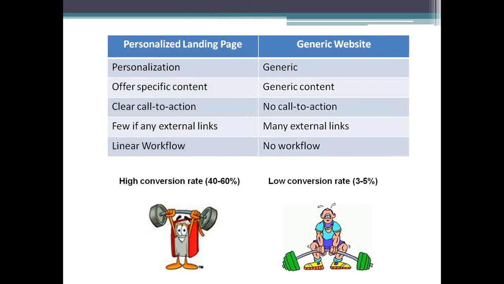The personalized landing page, in other words, is where somebody can interact with the page, where they can sign up for a newsletter, sign up for more information, sign up for a coupon, or where it gives them the link to call for more information or an email that they can send. This has a higher conversion rate of 40 to 60% than just somebody posting a website, and what you're basically doing is forcing the consumer to find a place where they can personalize with your website.